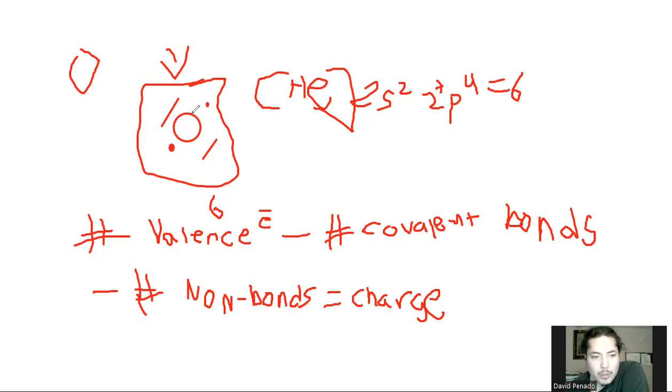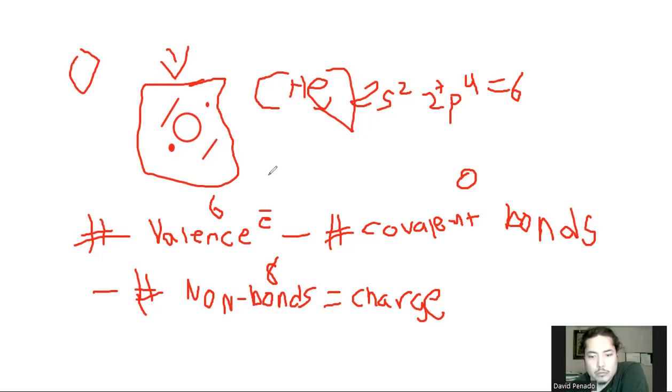Minus the number of covalent bonds: it's not connected to anything, so it's 0. The non-bonds, technically this is for molecules, but here it's the number of electrons of the atom. How many electrons are in here? There are 8, because there are 6 on the outside and 2 in the middle.